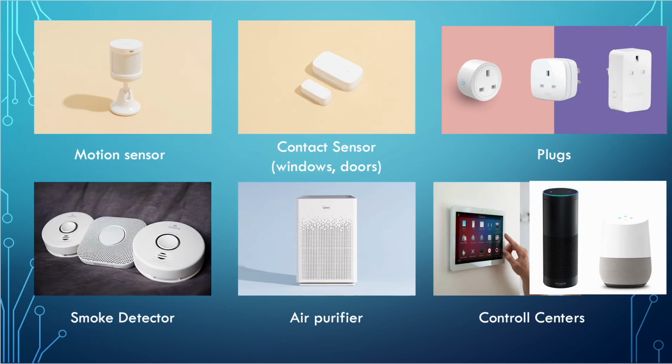In the same IoT system, from these inputting devices or physical objects, there are output physical objects such as plugs to control the electricity flow.